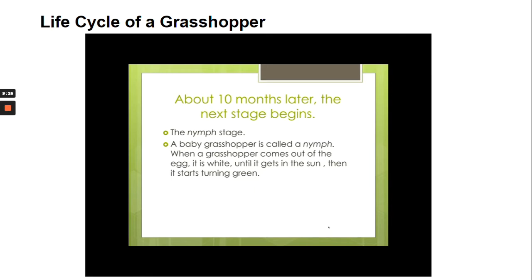When a grasshopper comes out of the egg, it is white until it gets in the sun, and then it starts turning green. A nymph looks almost like an adult grasshopper, except it has no wings.